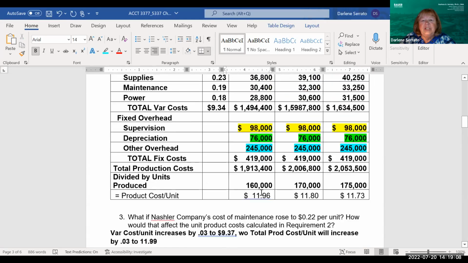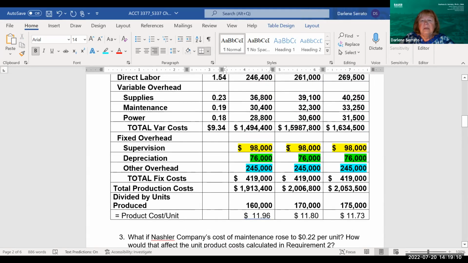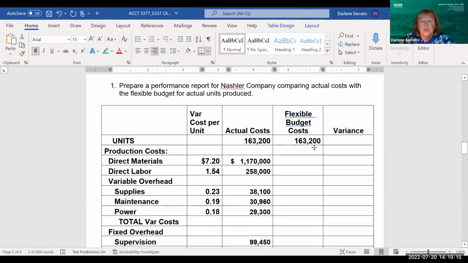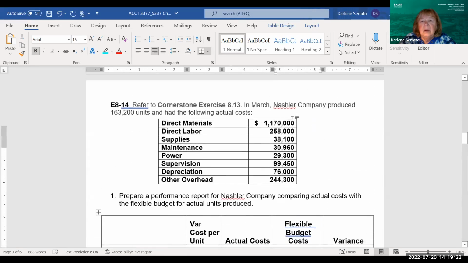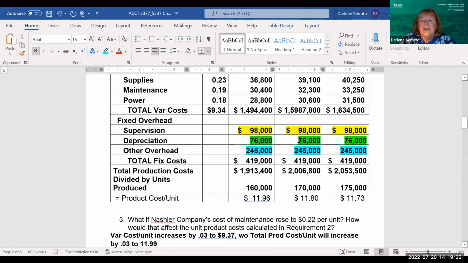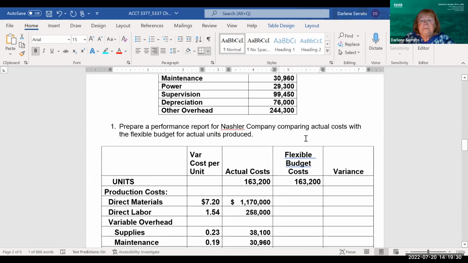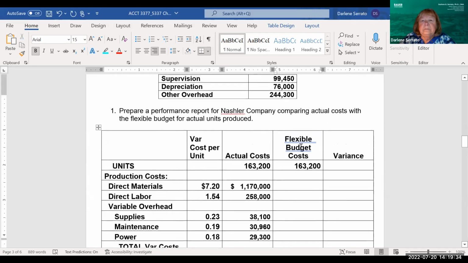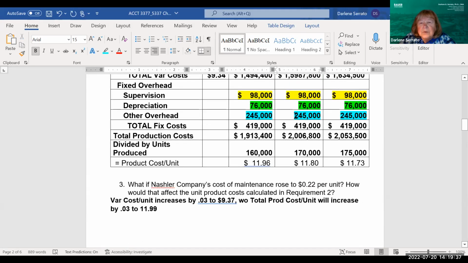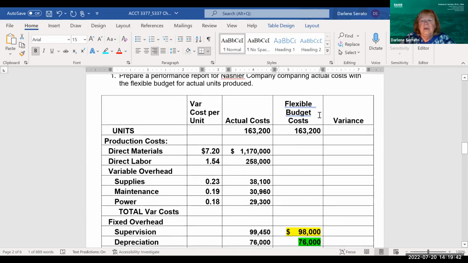Now, budgeted cost, 98,000 for supervision. $76,000 for depreciation. $245,000 for other overhead.